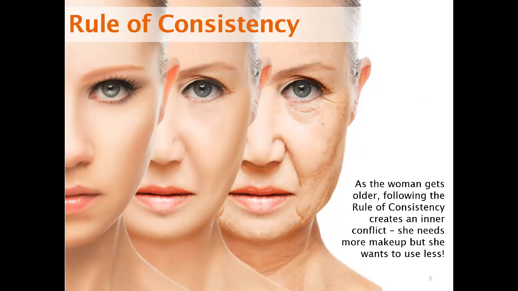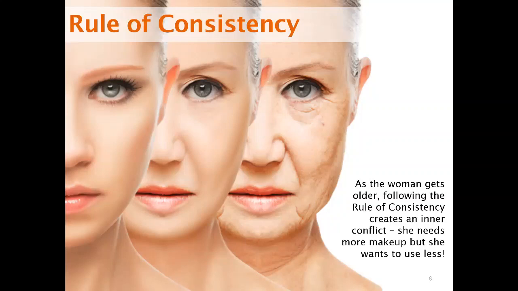If you are really bound by the rule of consistency heuristic and you really feel the psychological need to maintain your look and continue to protect that image that you have created for yourself, but you also, on the other hand, are becoming more natural and more knowledgeable about chemicals and cosmetics, you want to be more clean, you want to be less chemical dependent, etc. Now there's an internal conflict that is potentially created in you.